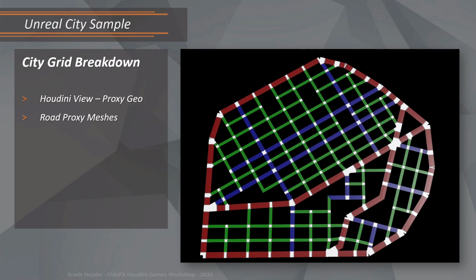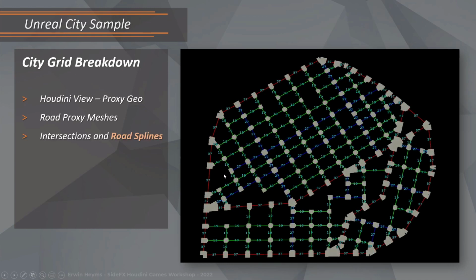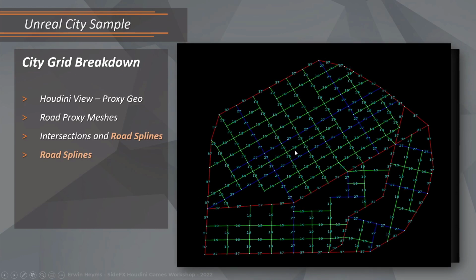But if we look at it even deeper, then we can see that all the sections in between the intersections are basically just lines with a width and maybe a road type value. And then if we look even further, this is basically the network of roads that you get at the very beginning of the tool, after this network is constructed, but before intersections or mod pieces are placed in position.